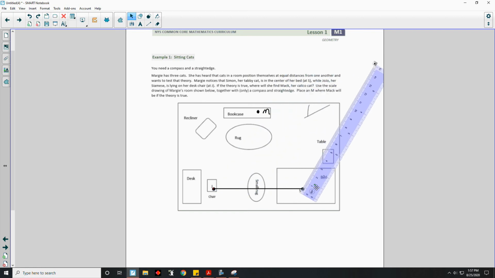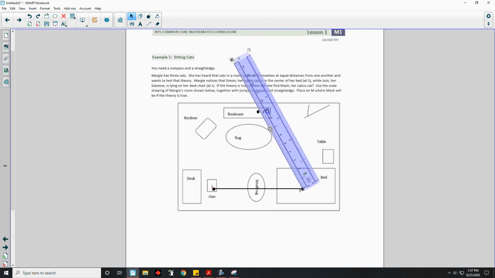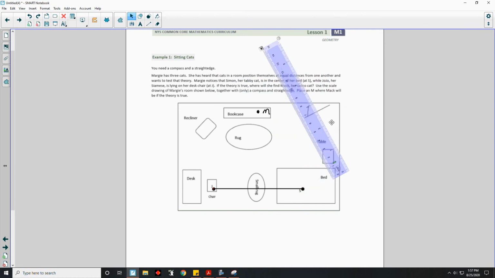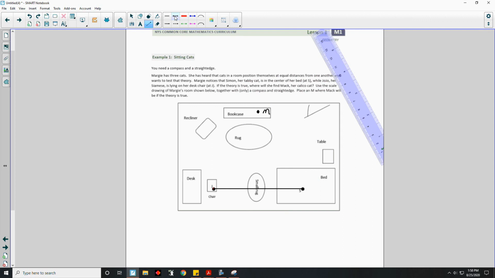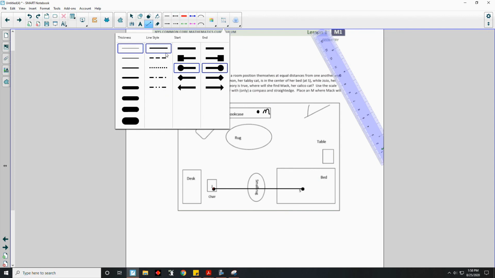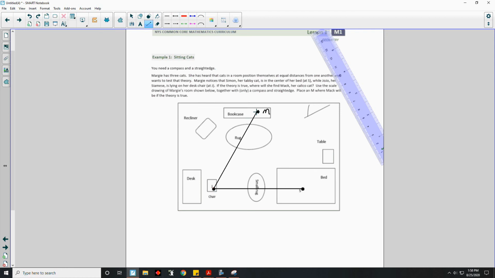And then if I brought my ruler over here and put 0 here and rotated it and measured, again, I'm at about 92 or 93 centimeters. So if I drew line segments from J to M and S to M, which I will do, then that will be the location of Mac, and that would have created an equilateral triangle. So all three sides are the same length of 93 centimeters in this drawing.